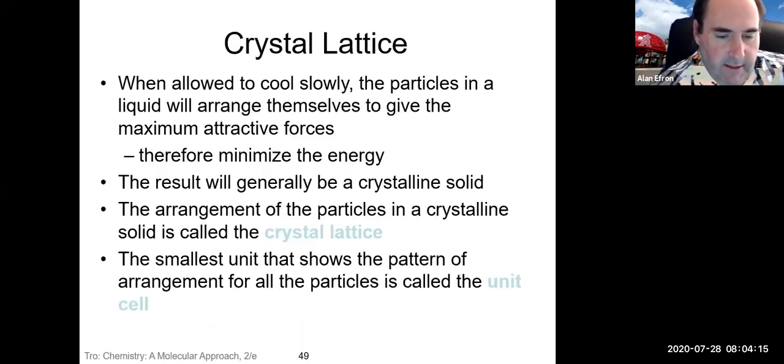Okay, so we started talking towards the end about solids, as we moved away a little bit from talking about liquids and some of the characteristics of liquids, including, again, phase changes and phase diagrams last time.